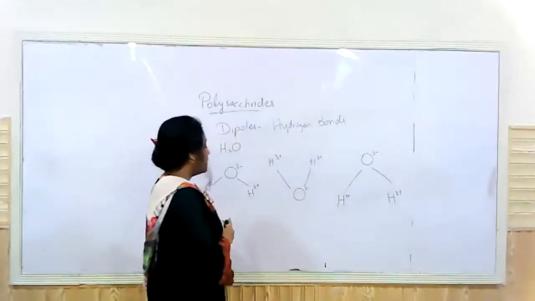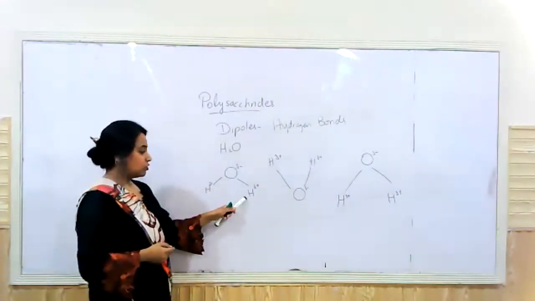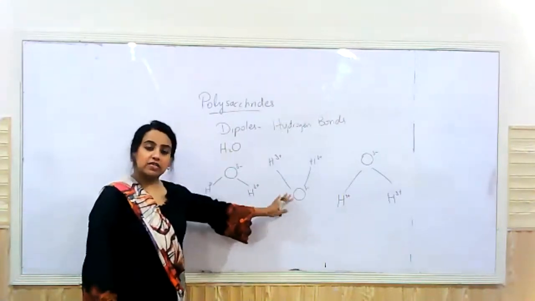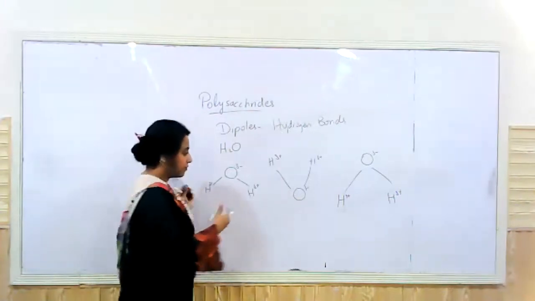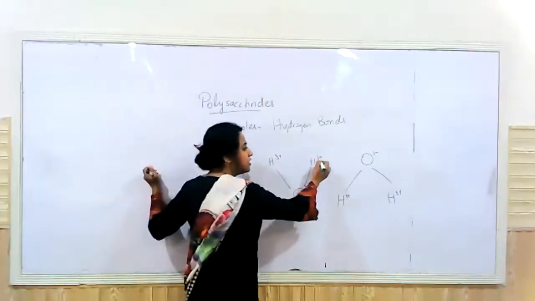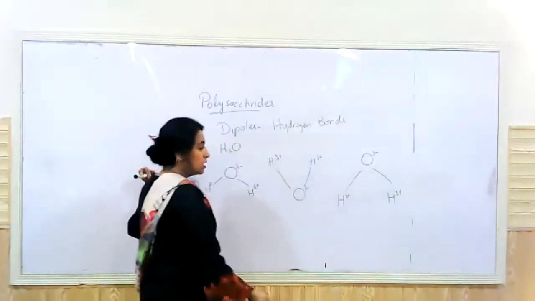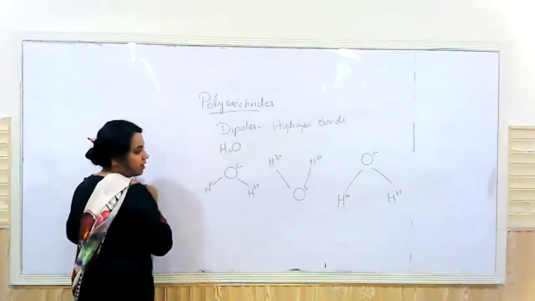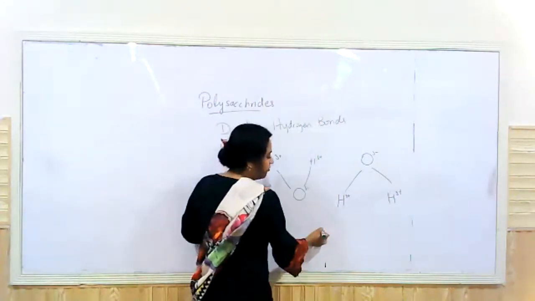This partial positive atom is going to attract the partial negative atom of the neighboring molecule, like this. Similarly, this one is going to attract this one, and this one is going to attract another one. Similarly, this will form a hydrogen bond.